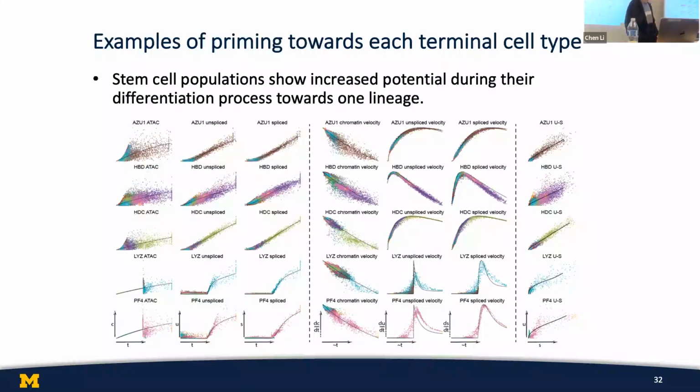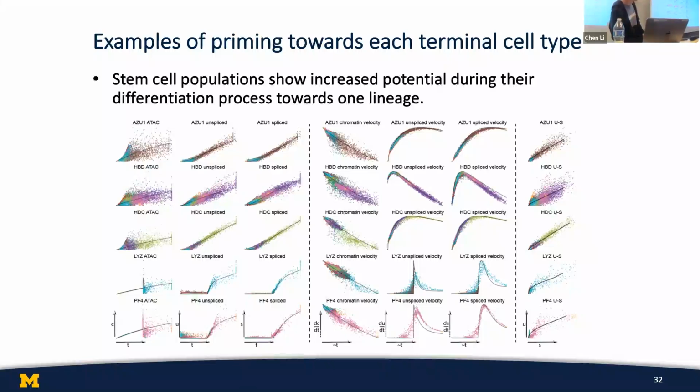If we look at the velocity result, we see that besides the terminal cell types, like at the end, the earlier stem cell populations have increasing RNA velocity trend. That means these cells have the potential to differentiate into other cells.